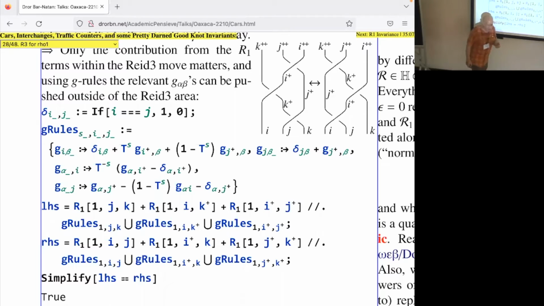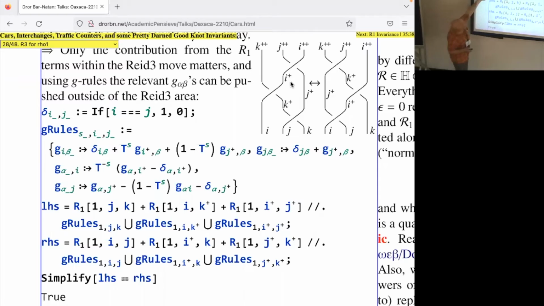If you compute this sum and this sum, it will give you entries of the G matrix at various points inside the zone of the R3. But I had the G rules, which allow me to push injection points and traffic counters up.